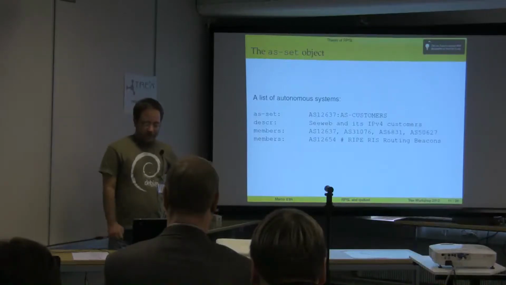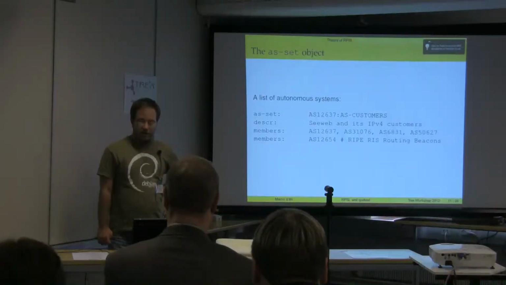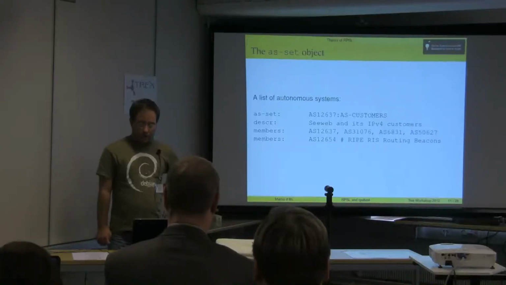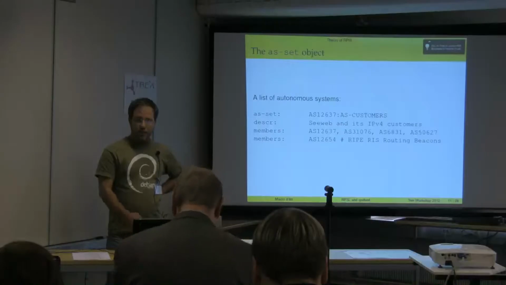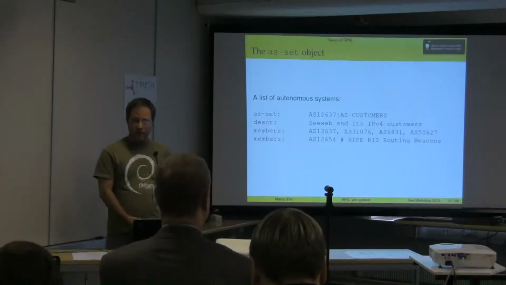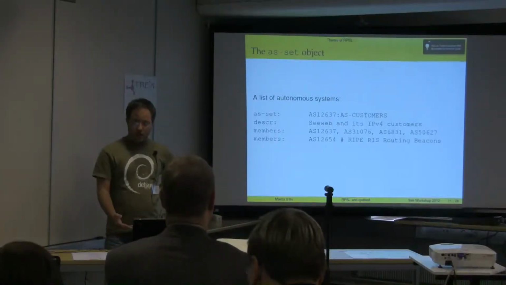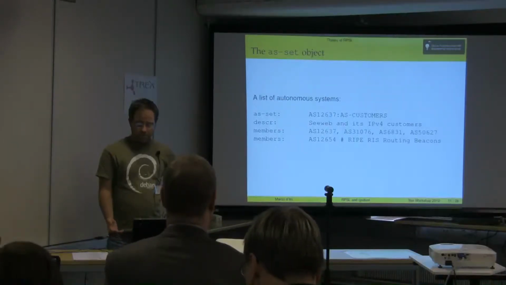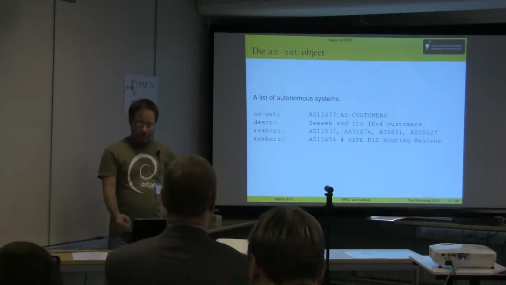This as-set object is a simple list of autonomous systems. It can be used to define a list of customers, a list of peers, and it is one of the building blocks of routing filters.